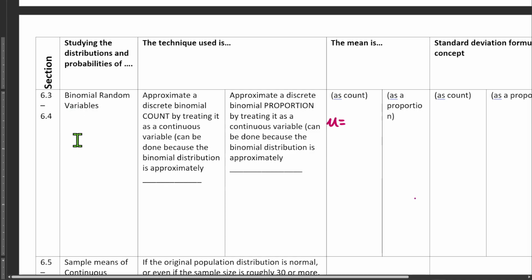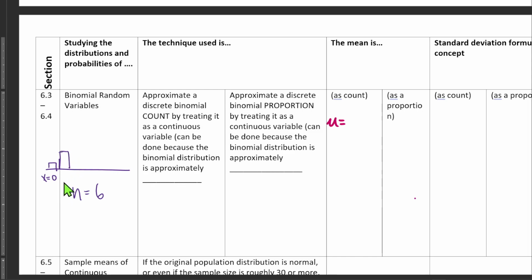But the difference is that if you have, let's say, a typical n equals 6, this is the chance that your number of successes is 0. That could happen like 10% of the time. And this is back to success or failure.